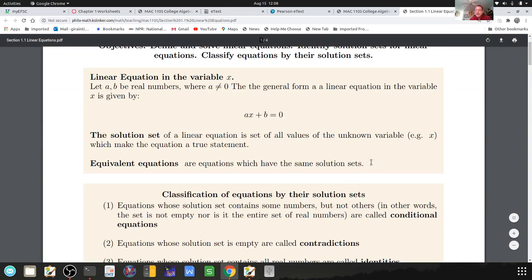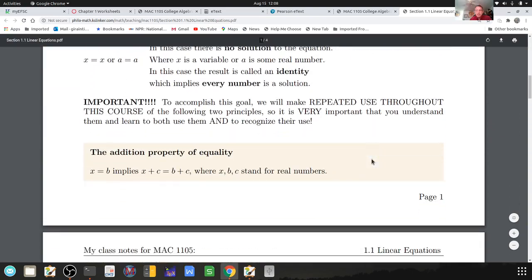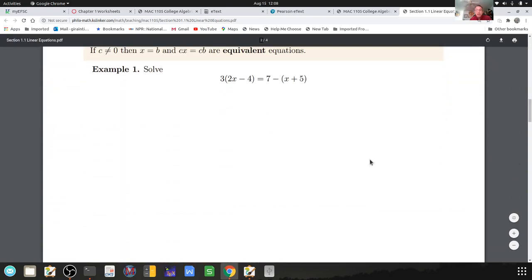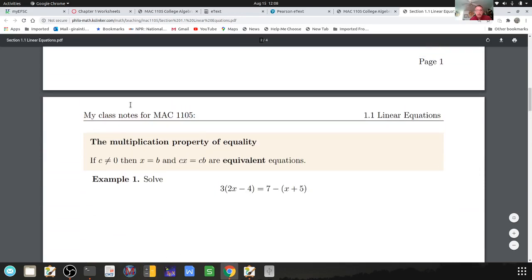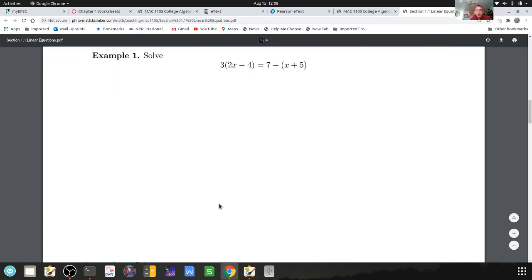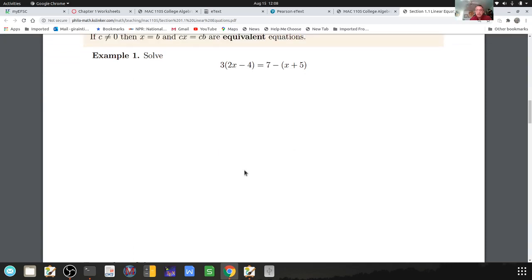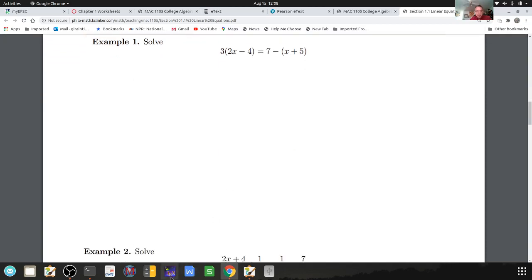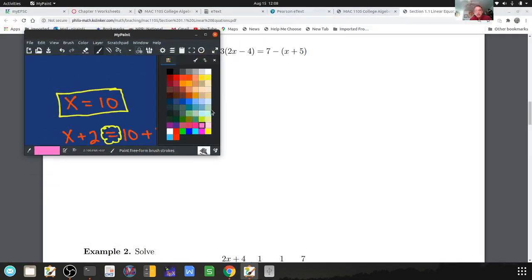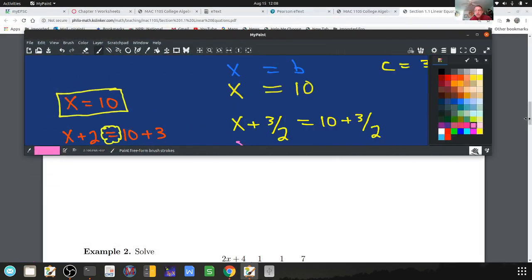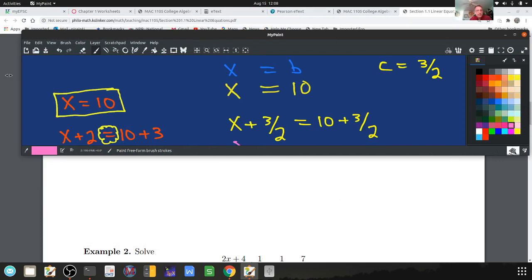They're equations that have the same solution sets. And that's literally how we solve problems. We use those two properties to transform an equation to an equivalent equation, another equivalent equation, and another equivalent equation until I get to the answer.